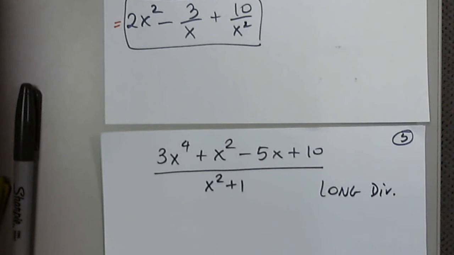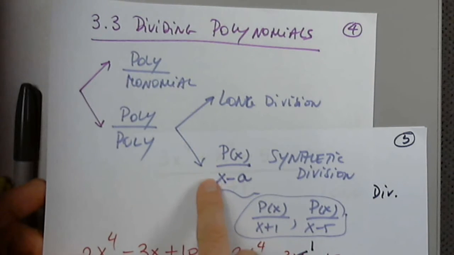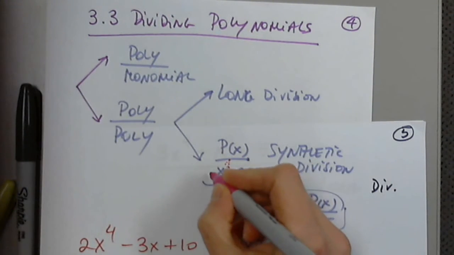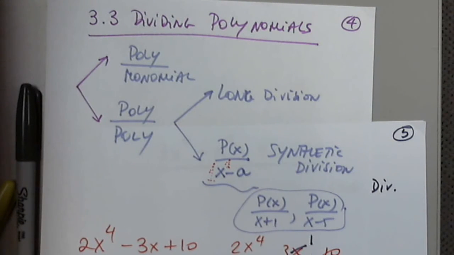And you can say you haven't even mentioned it, or I mean, you haven't even shown the method. True. But I mentioned that if the denominator does not have degree 1 and the leading coefficient is not 1, I will not be able to use a synthetic division.